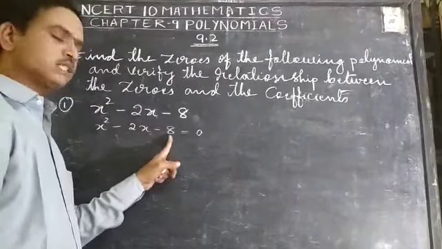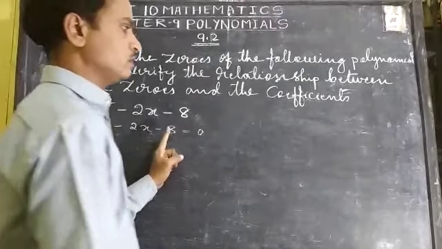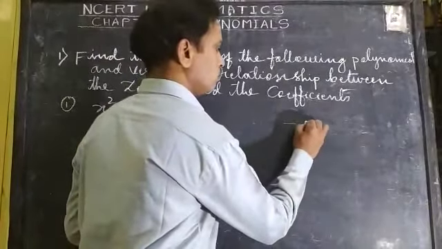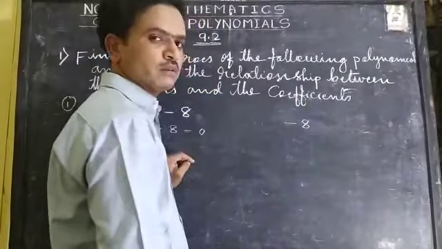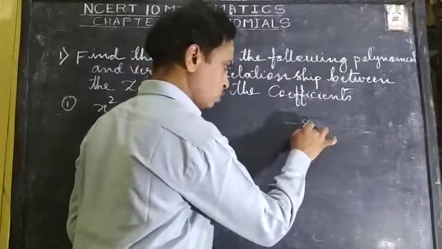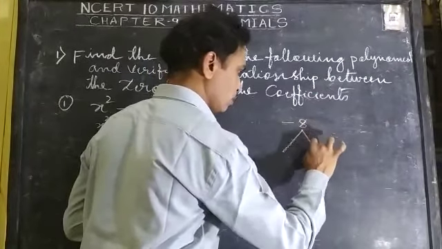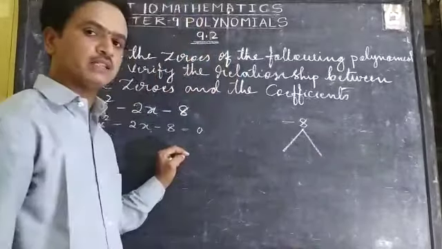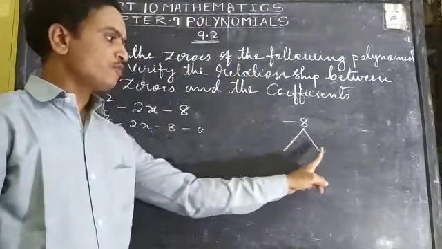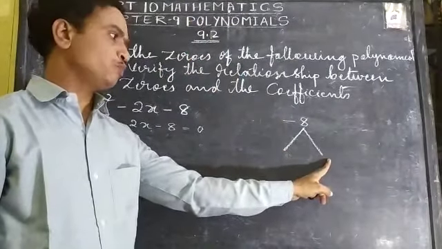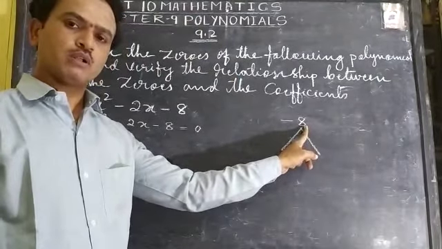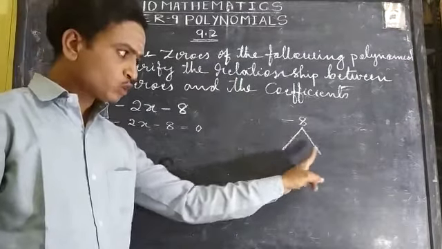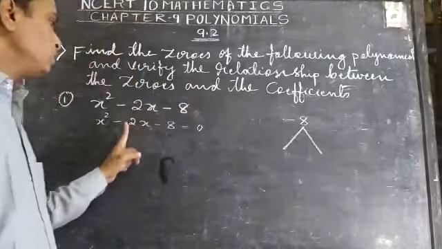What is the last term here? Minus 8. In the rough column you should write down minus 8. Now we have to split this number in such a way that the product of these two numbers should be equal to this number, and the sum of the two numbers should be equal to the second term.